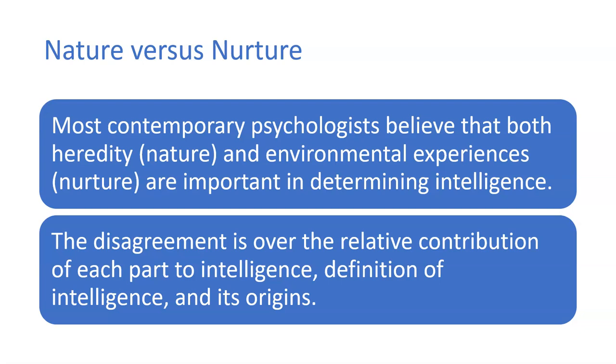Intelligence is complex. As these competing theories show, if we go with the Gardner approach, and there are all 8 or more categories where intelligence can show itself, each one of those potentially could have a different level of contribution of nature and nurture. The basic agreement, though, is both matter, and both matter in ways that are complex to describe.